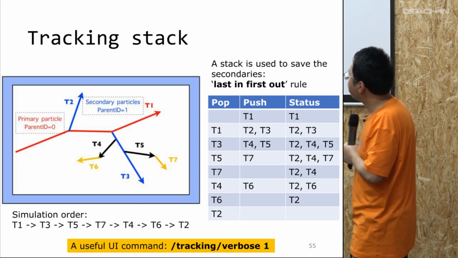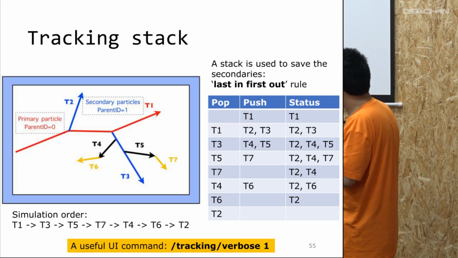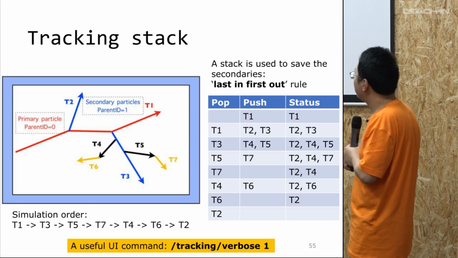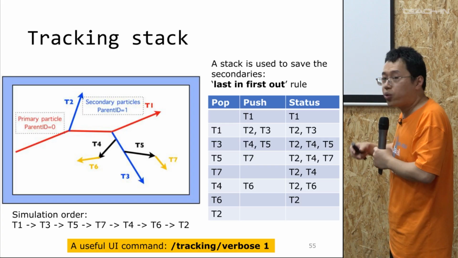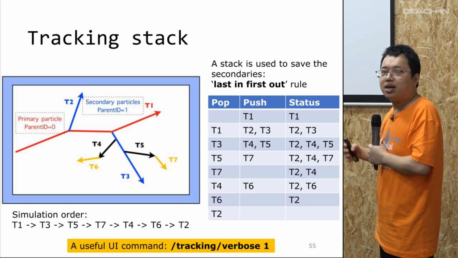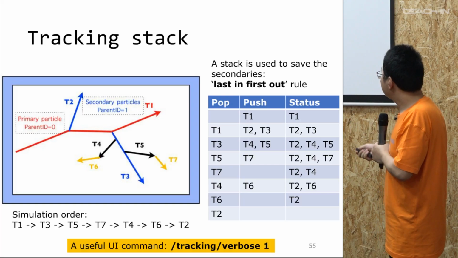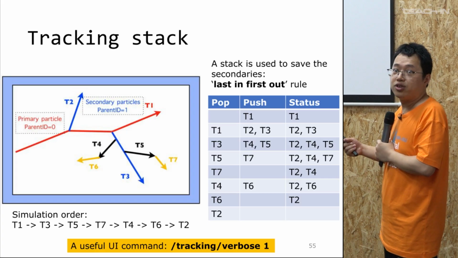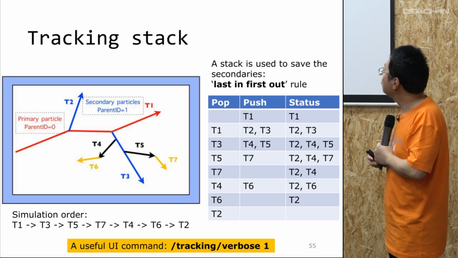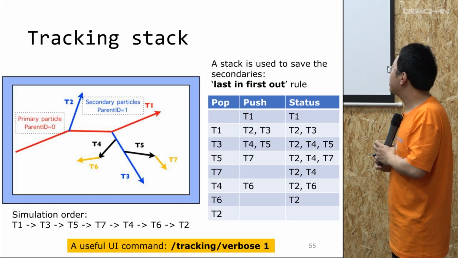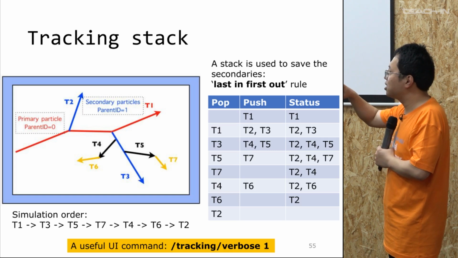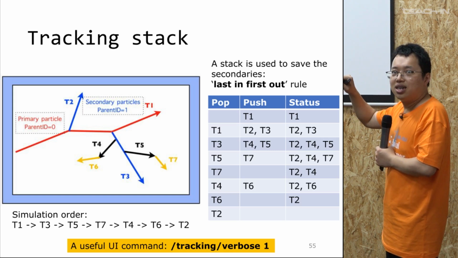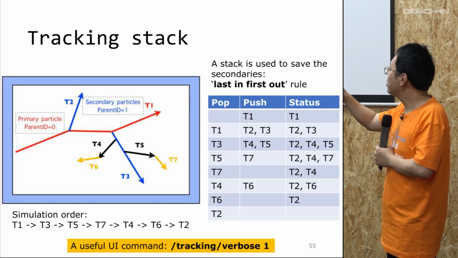You can also use a very useful command to print all these processes, called the tracking verbose. It will be very useful, especially when you are new to Geant4. You can see all the steps, all the positions, and all the interactions that occur.